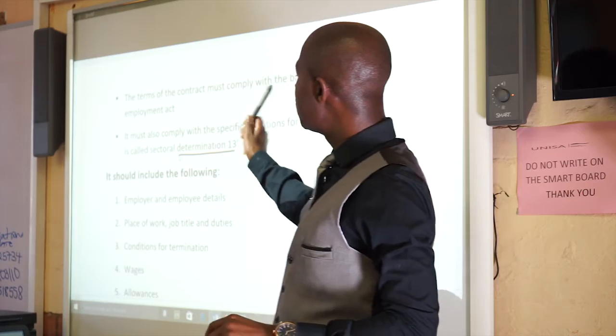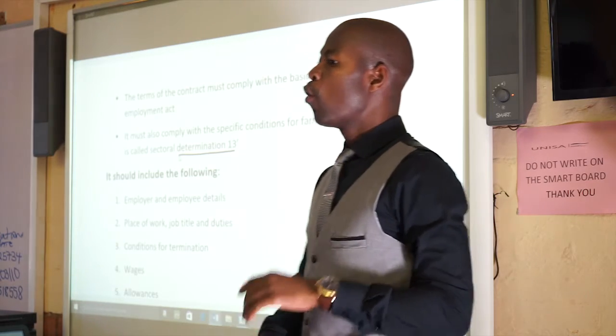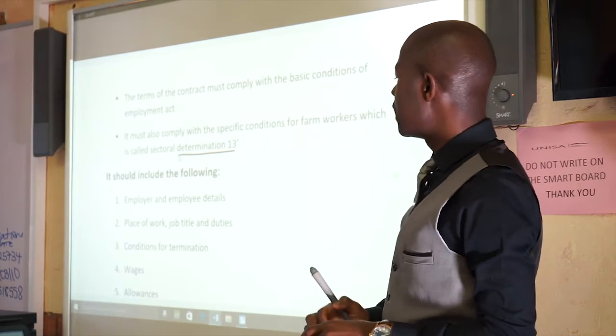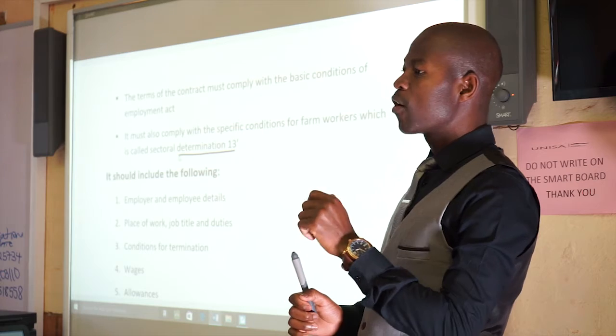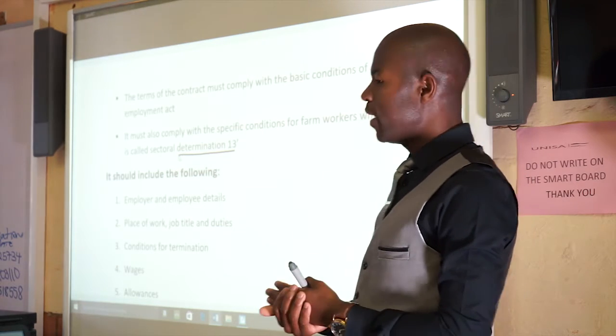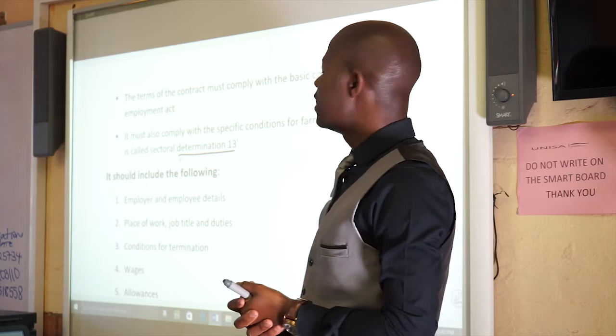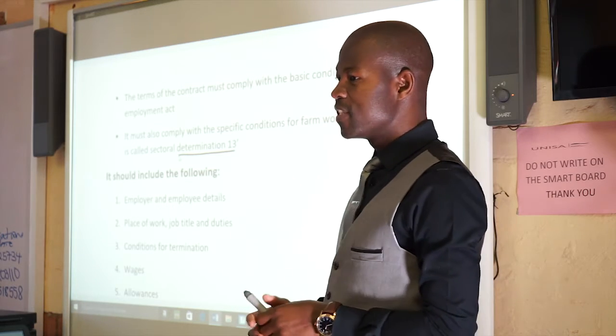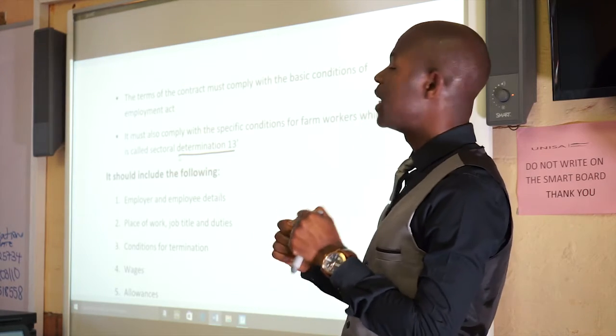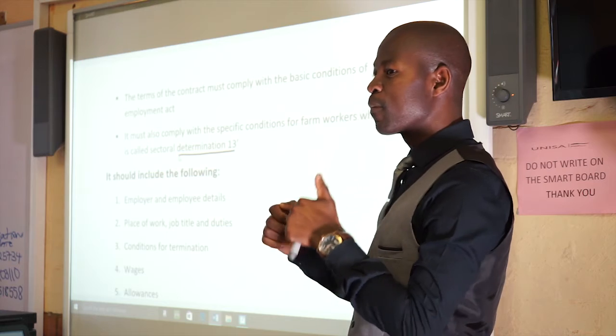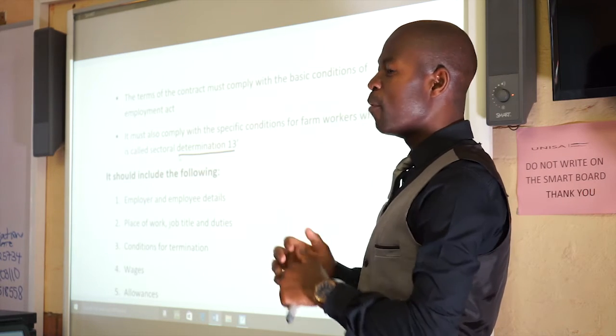It should be in line with that as well. What is it that should be included in that particular contract of employment? Number one, it should include the employer's details and the employee's details. That should be included in the employment contract.